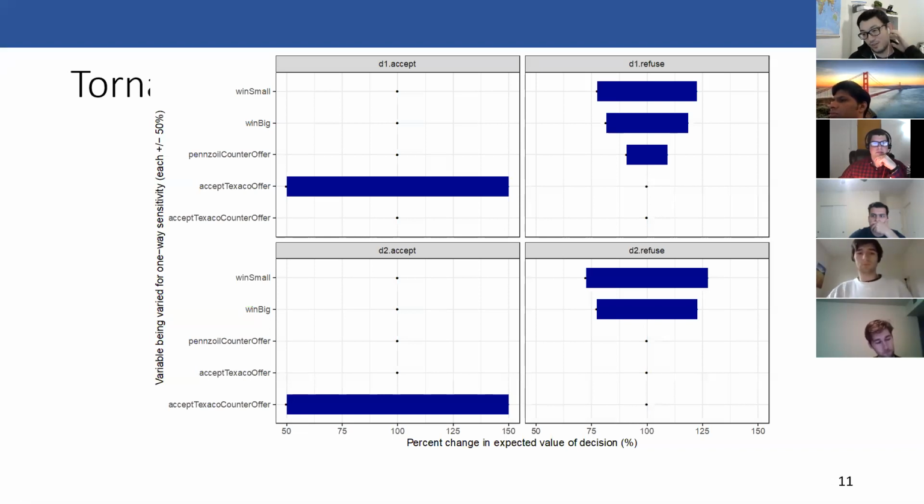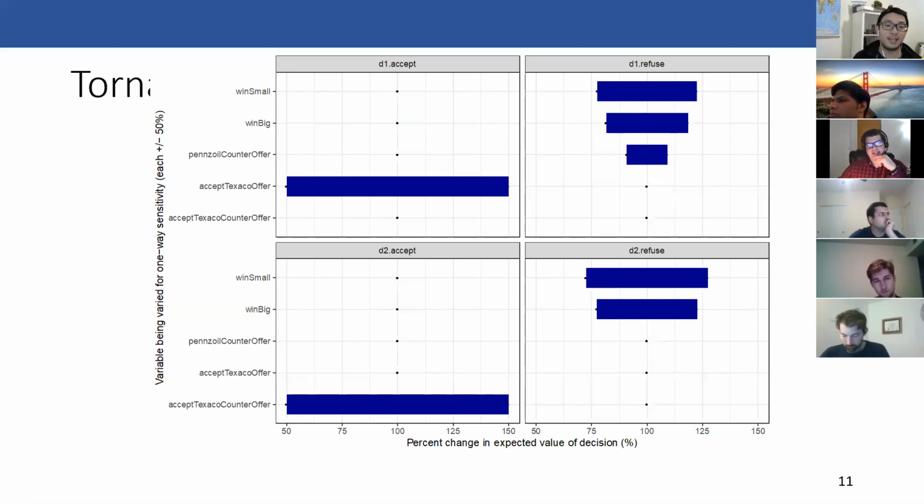differently for individual variables. And so then the interpretation of the tornado diagram becomes based on the range of values that we're putting in, these are the most important variables.